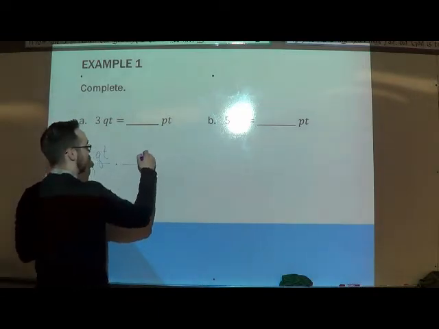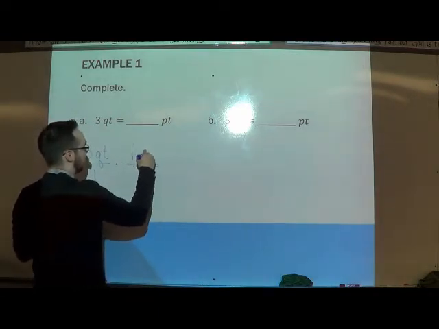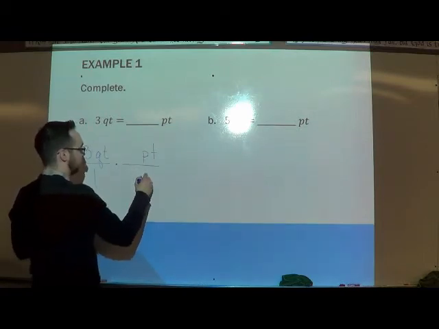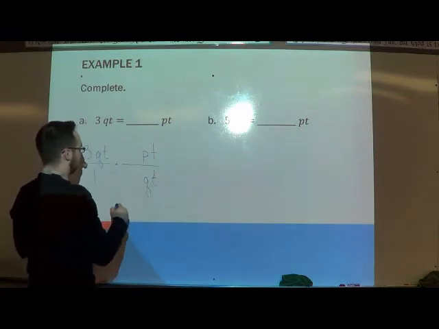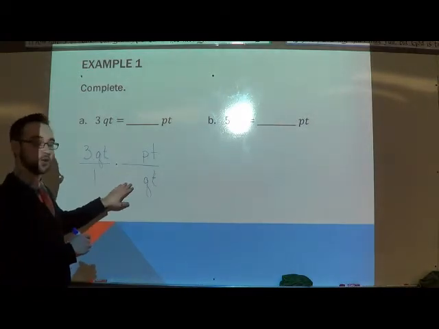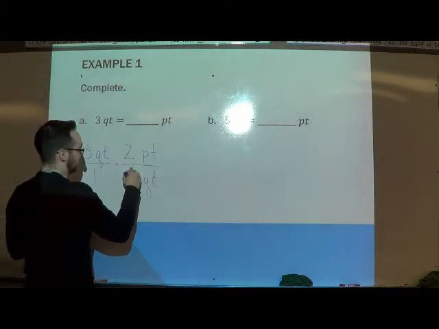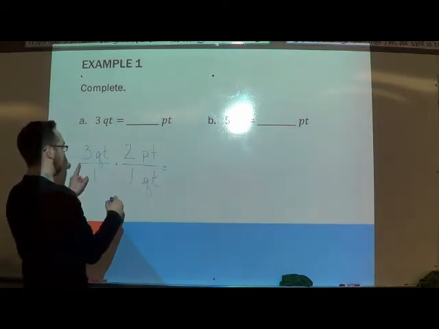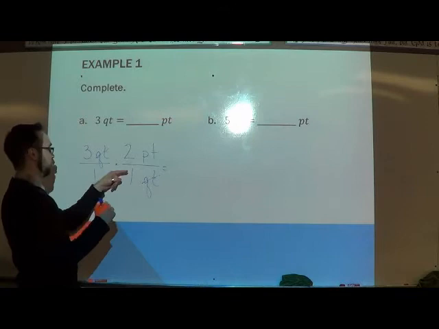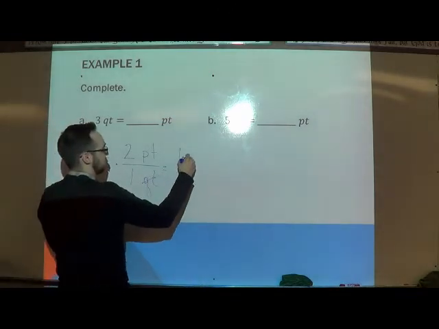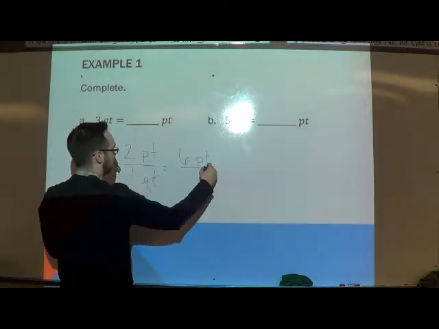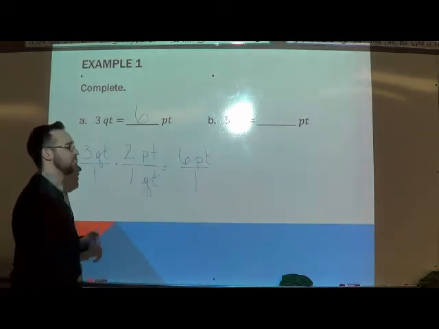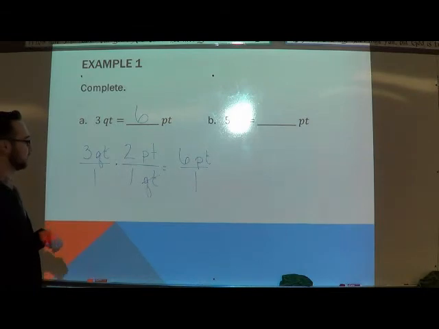So I have pints on top and quarts on the bottom. How many pints are in a quart? There are 2 pints for every 1 quart. The quarts cancel, and then I multiply straight across. Remember, when you multiply fractions, you multiply straight across. 3 times 2 is 6, so I have 6 pints, and then just 1 on the bottom. So 3 quarts is equal to 6 pints.